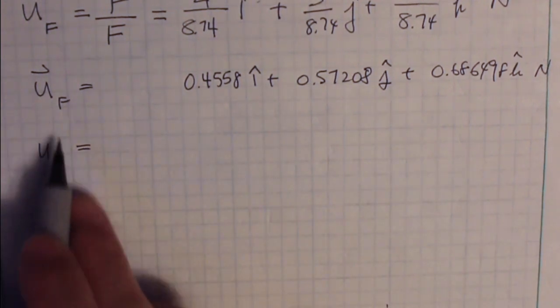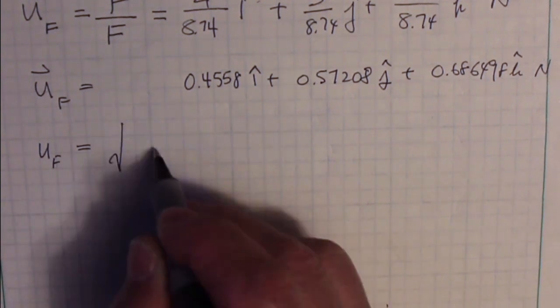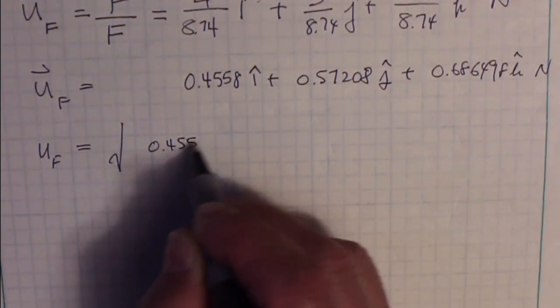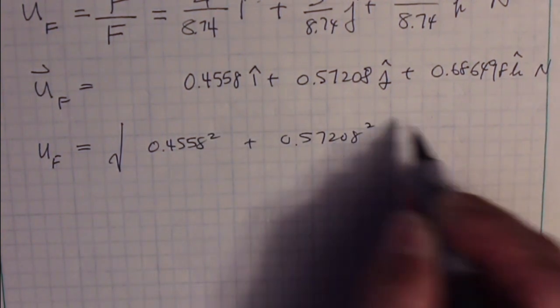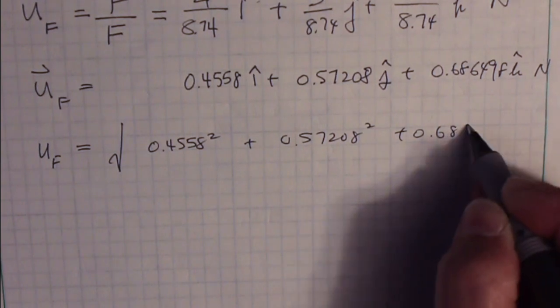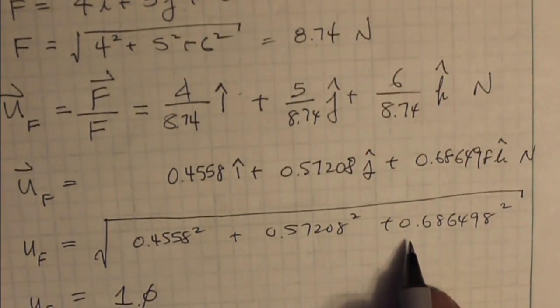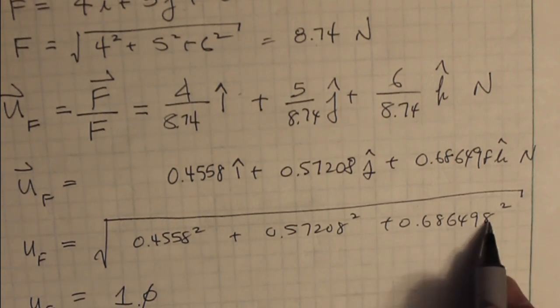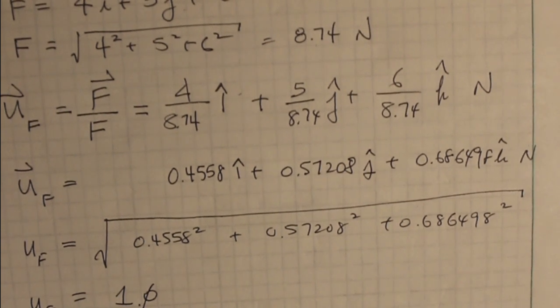So the magnitude of this unit vector is the square root of 0.4558 squared plus 0.57208 squared plus 0.68498 squared. I take the square root and it comes out to be 1.0. So yes, the unit vector has a magnitude of 1.0.